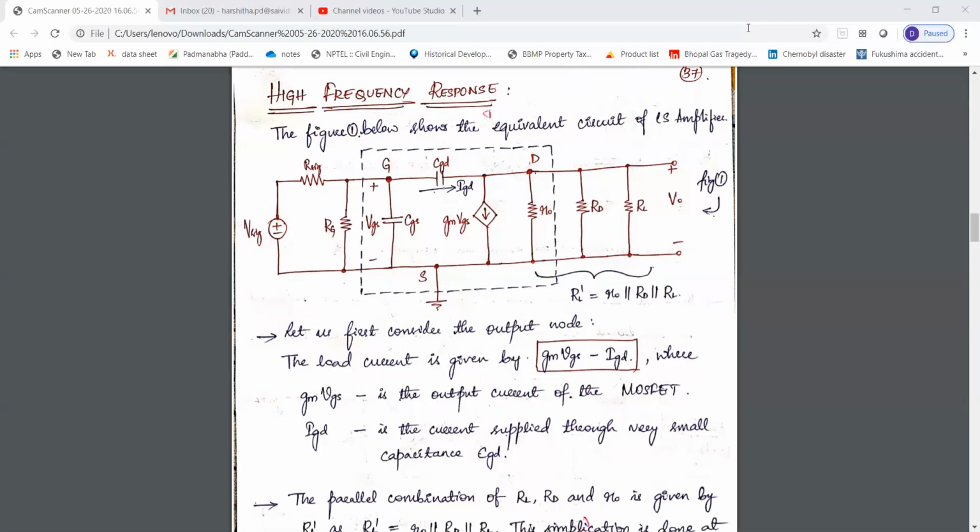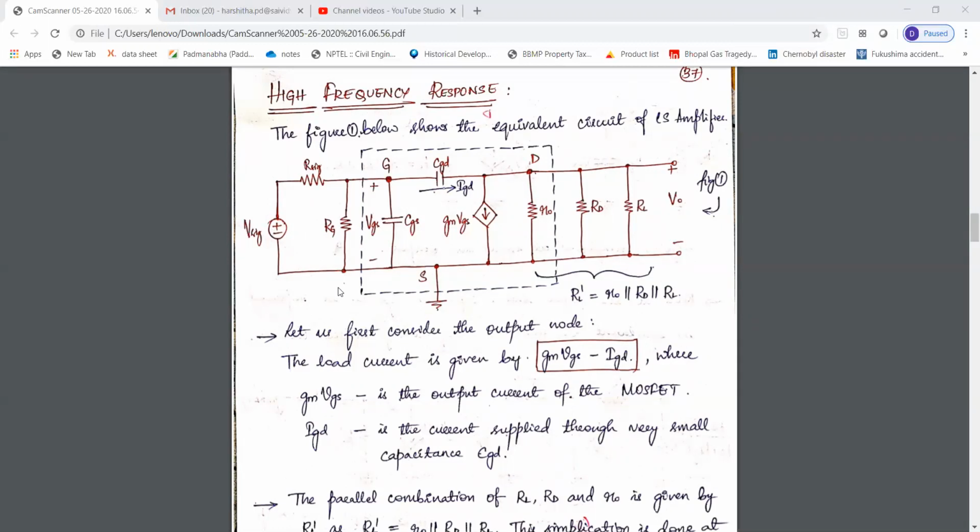Here, V sig and R sig are at the input side, so we have them here also. All the capacitors, the coupling capacitors CC1, CC2, and the source capacitor, are short circuited. And next, RD, the DC sources are grounded.